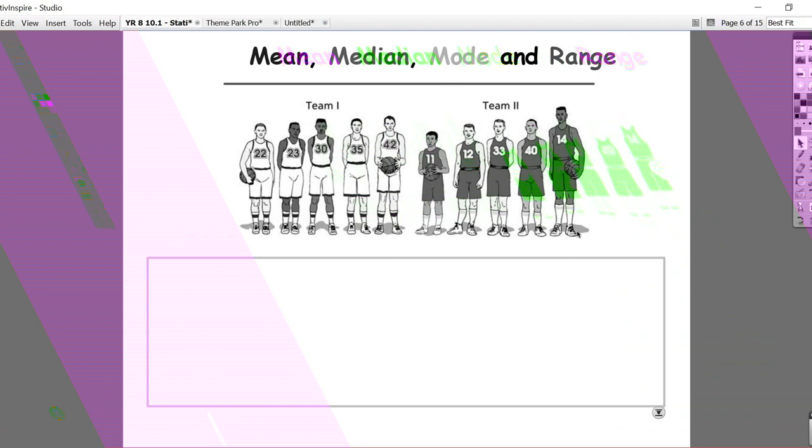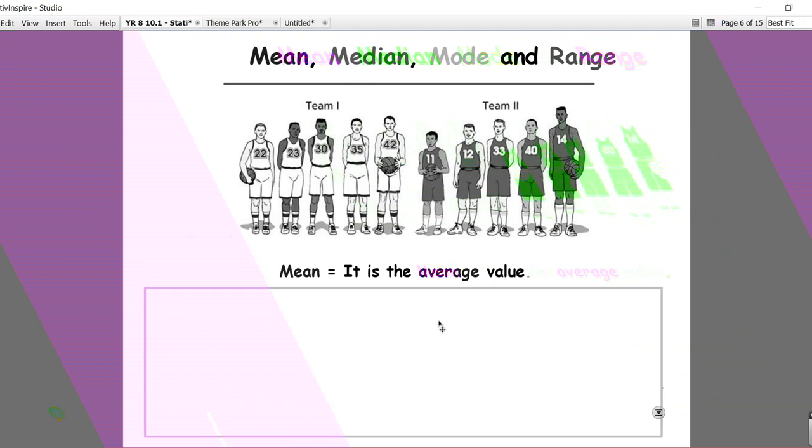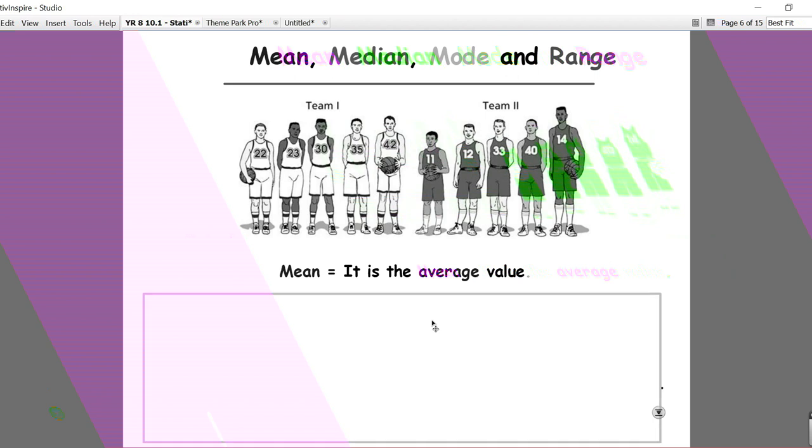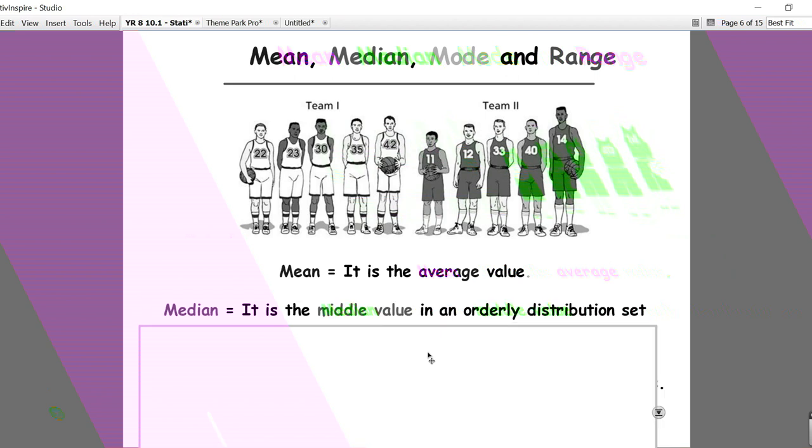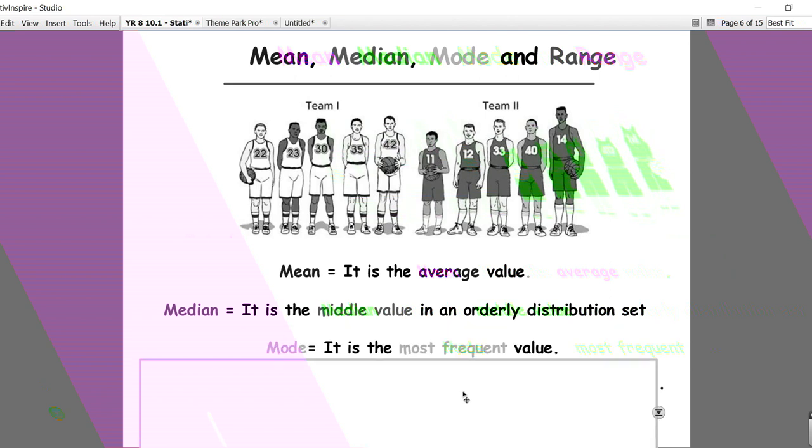Right. Let's have a look at the mean, median, mode, and range. This is something that you are very well used to, so just a quick revision. The mean is the average value. The median is a middle value in an ordered distribution set. But to calculate the median, you need to be in ascending or descending order.